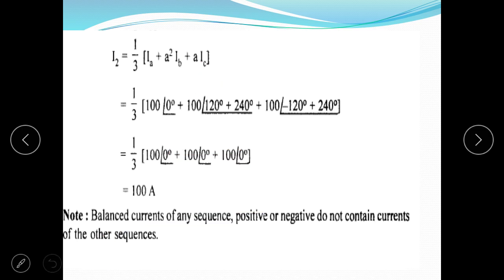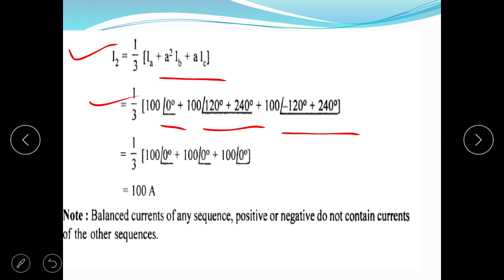Similarly for the negative sequence component, that is I2, it is equal to 1/3 of IA plus a square IB plus a IC. Put the values: 1/3 of 100 at 0 degree plus 100 at angle 120 plus 240 because of operator a square, plus 100 at angle minus 120 plus 120 degree because of operator a.